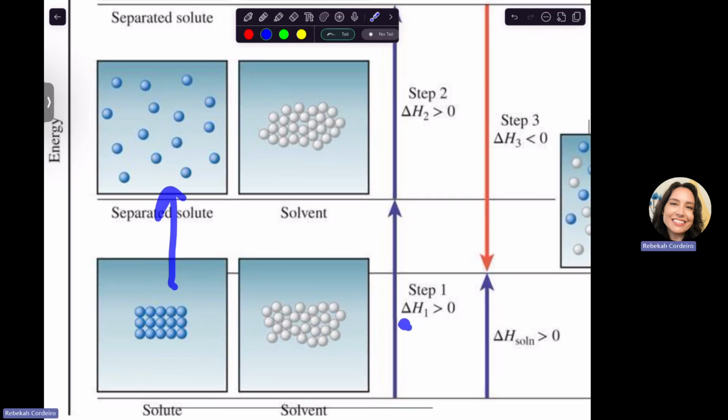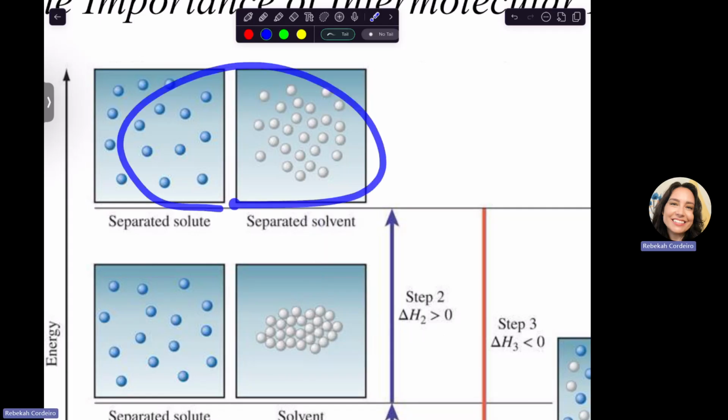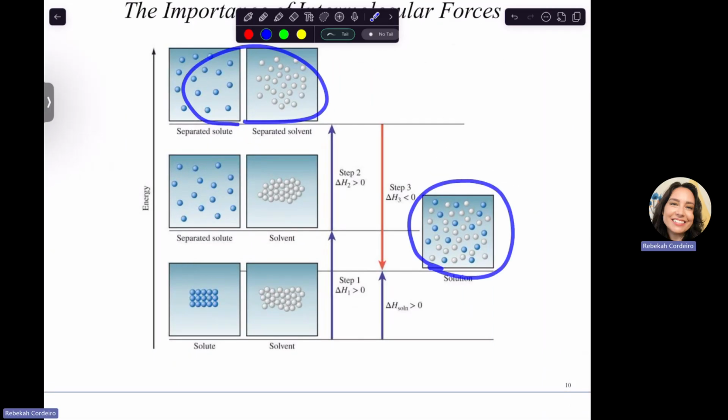So this will be some enthalpy that we have to put in to separate the solute particles from each other. Then we'll have another enthalpy to separate the solvent particles from each other, to break apart those intermolecular forces. Then, once these two get together, they might actually release some energy because they're more stable together than they were apart.